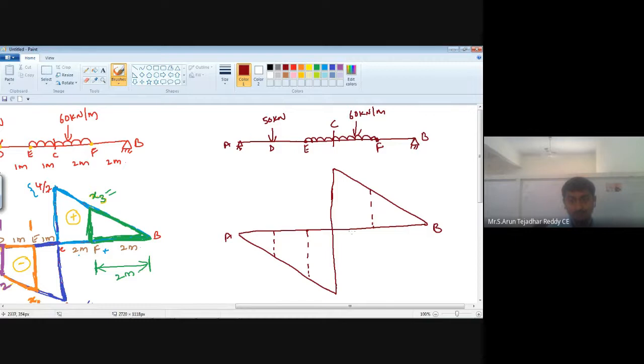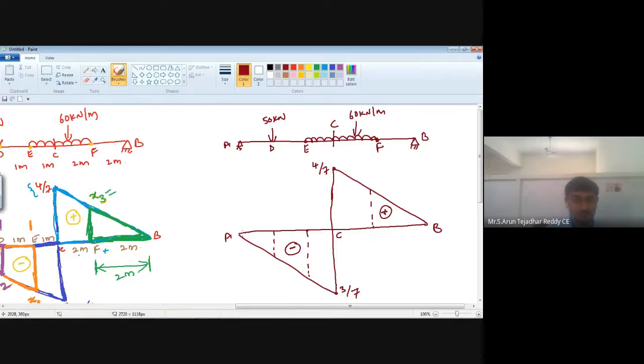Okay, this is C. Now this point is 4 by 7, and here it is 3 by 7. And C to B, the upward portion is positive, and A to C, the downward portion is negative.